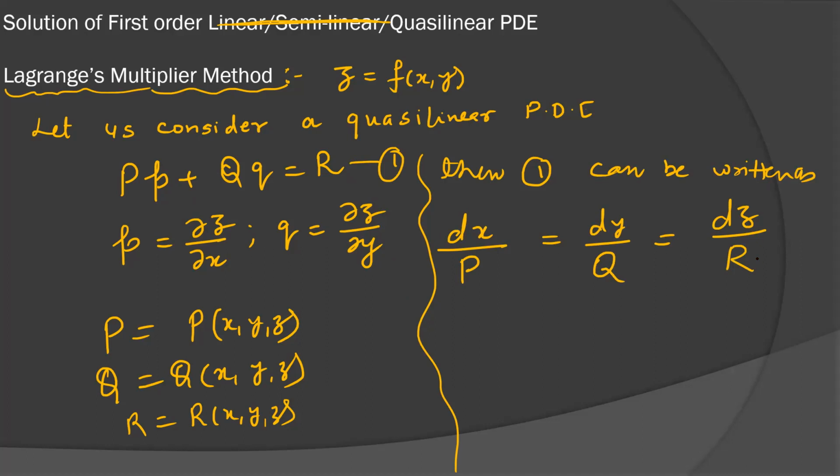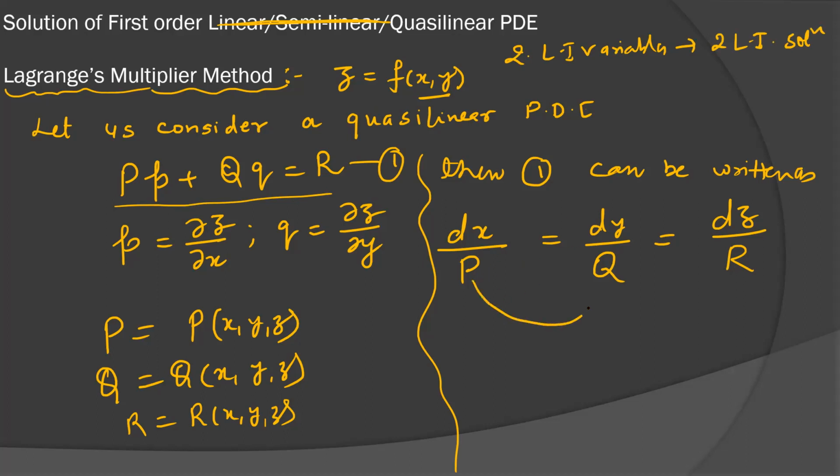We will try to collect the x variable on one side, the y variable on one side, and the z variable on one side. You know this is a first order PDE, so it will have two LI solutions, because there are two independent variables. So you will get two LI solutions. I told you in lecture 1.